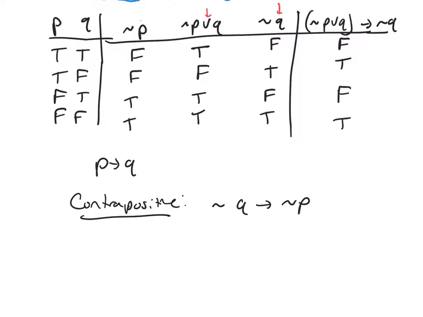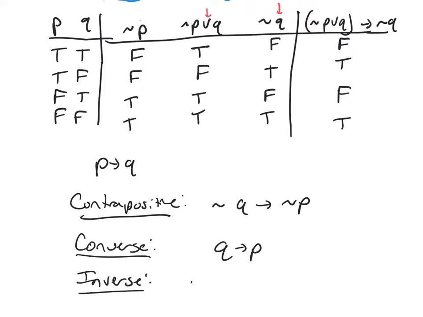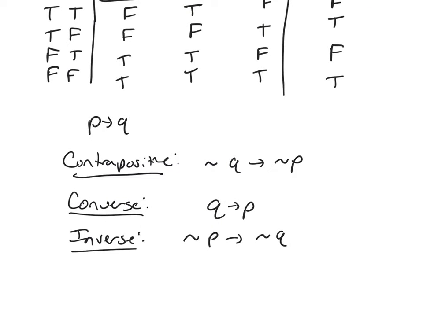The converse is where you flip them. So it's if Q, then P. And finally, the inverse is if not P, then not Q.